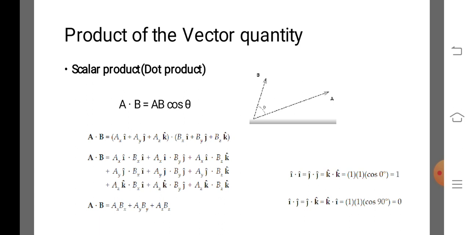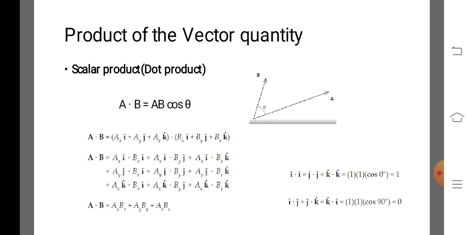Now we take A vector equal to ax into i vector plus ay into j vector plus az into k vector. B vector is represented as bx into i vector plus by into j vector plus bz into k vector.